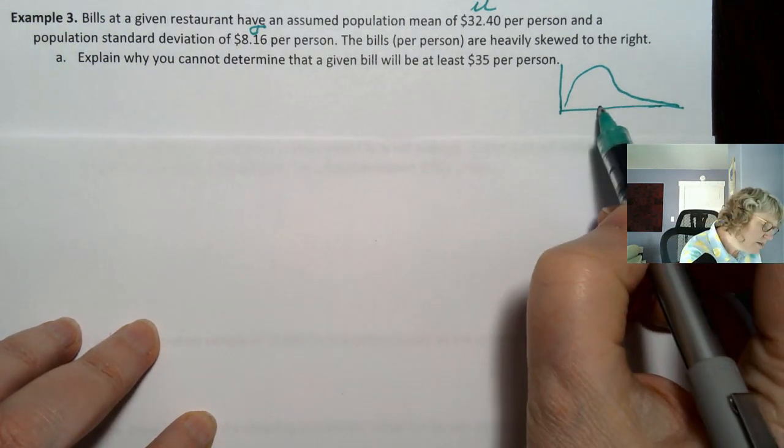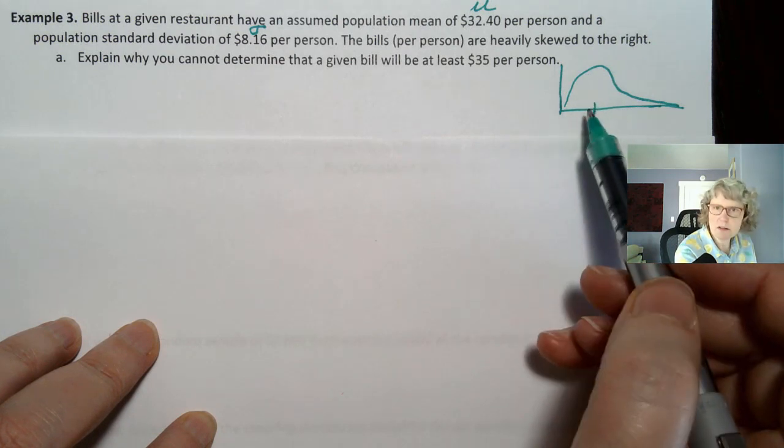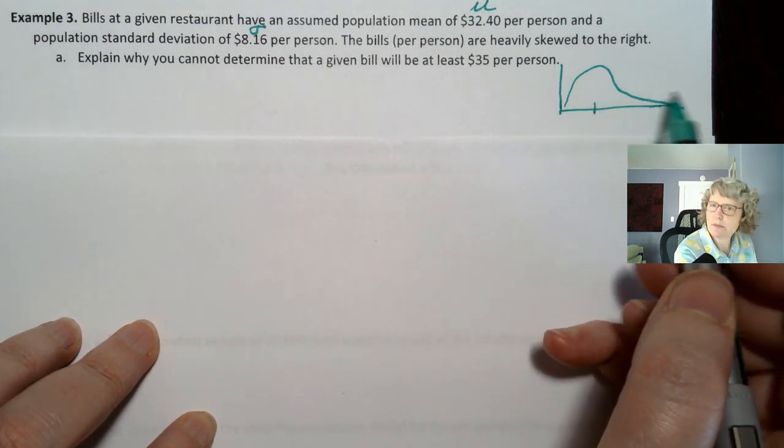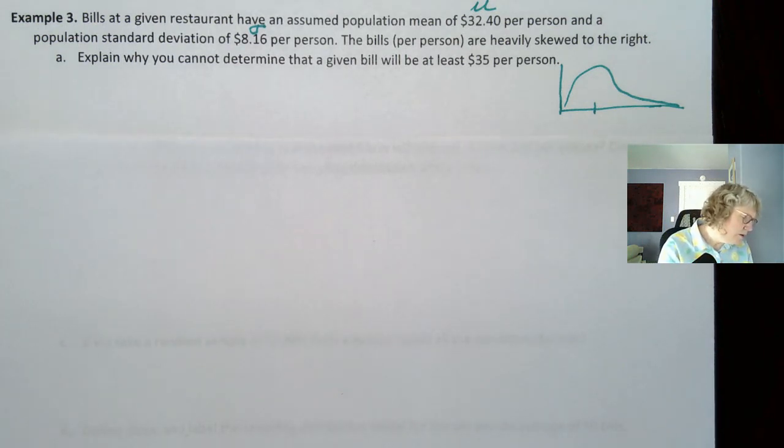That means more people are going to spend a regular amount, and then a few people might get a really fancy thing or a bottle of wine or cocktails or whatever. So it kind of makes sense that this would be skewed to the right.